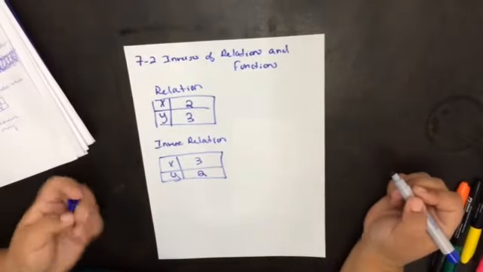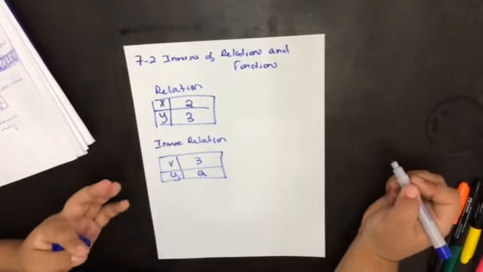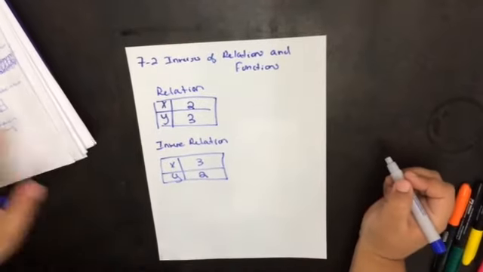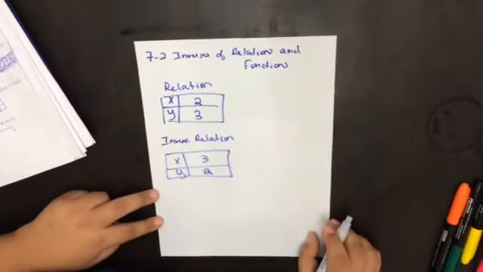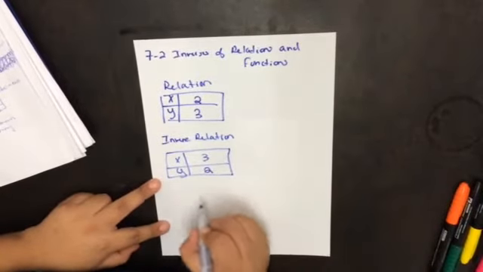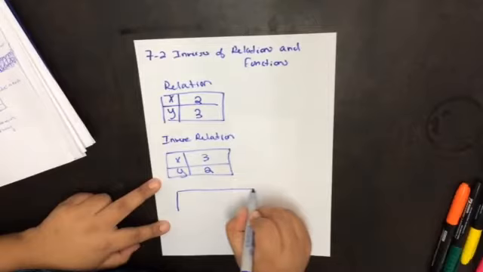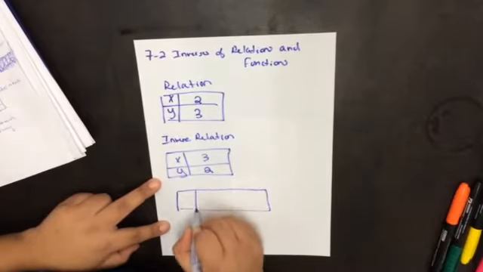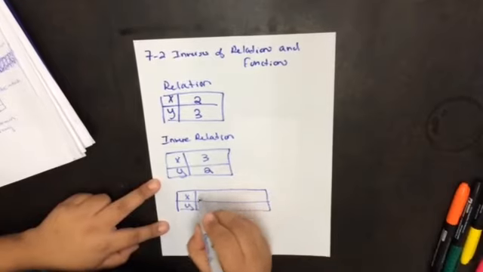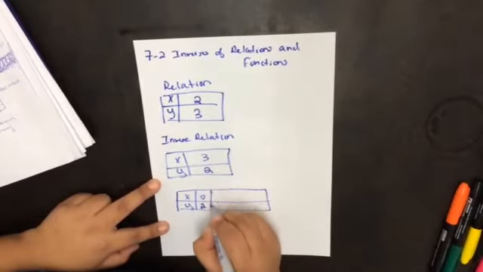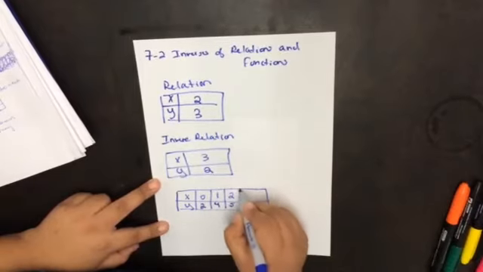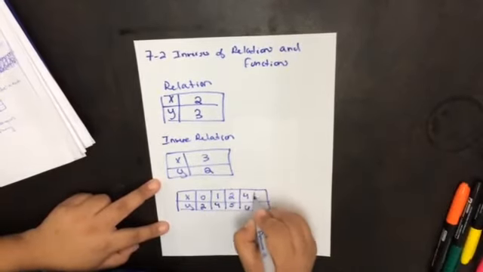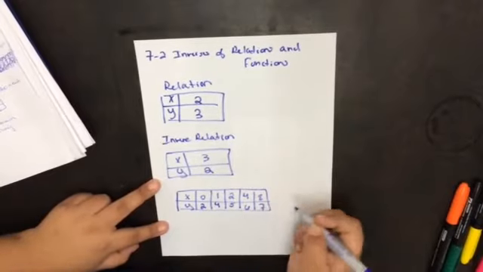So what does this mean? Well, when you take the inverse of a relation or a function, it will change the domain to the range and the range to the domain. So let's do another example. What if we have the following relation on x and y with the following ordered pairs, 0 and 2, 1 and 4, 2 and 5, 4 and 6, and 8 and 7.